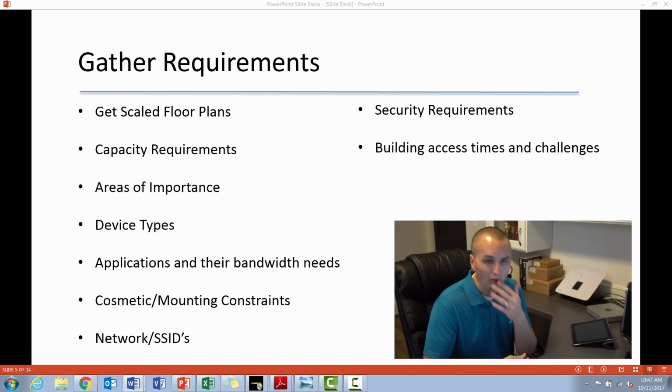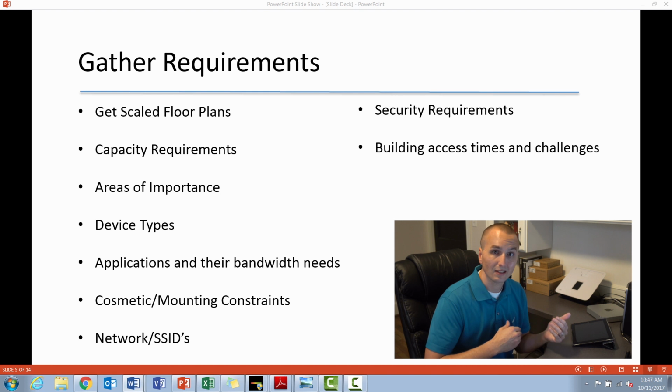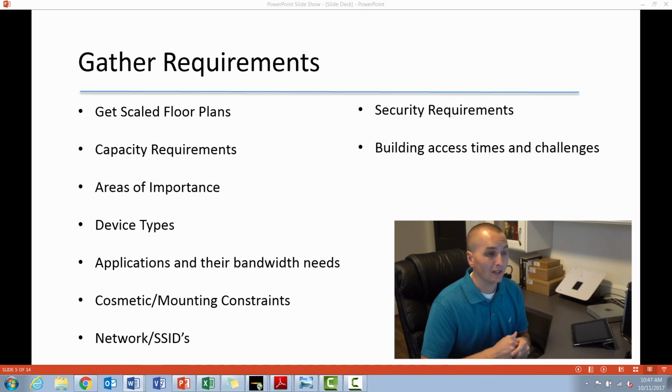And of course, typical building access stuff. When you can get in, when you can't get in. Scheduling, access to closets. Do you need to be assisted and followed? Do you need security credentials? You got to understand all those things so that yourself and your team, your cabling vendors, whoever, they have access to the areas that they need access to.